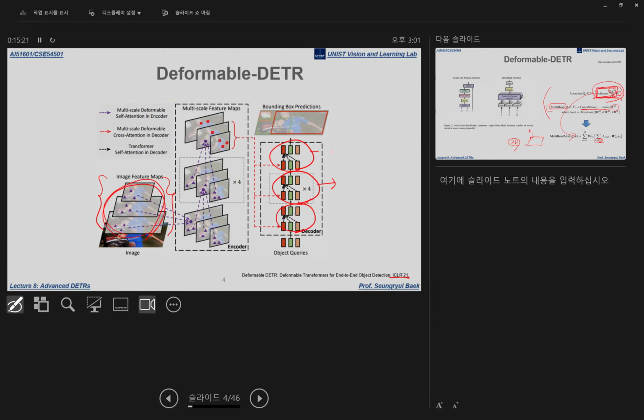In each step, they are estimating only the residuals, applying inverse sigmoid to the previous layer's output, adding this residual, and applying the sigmoid, regarding that as the new bounding box estimation.